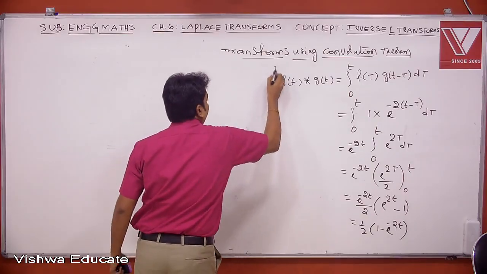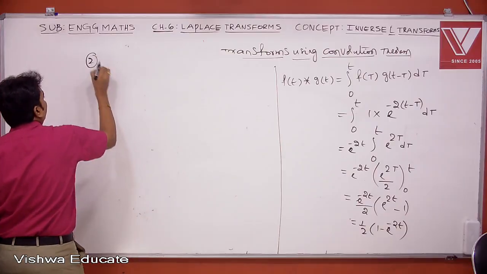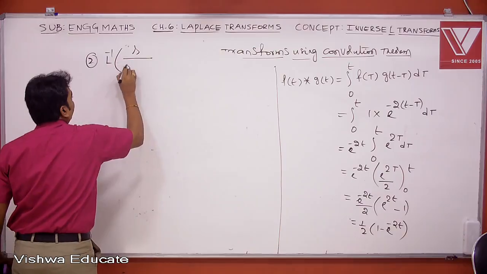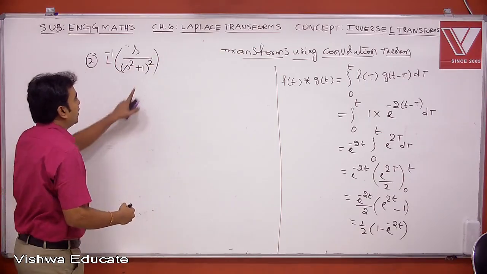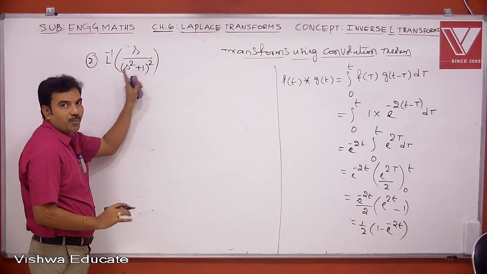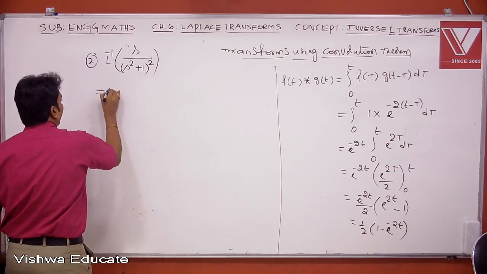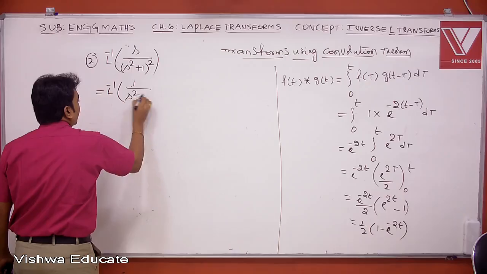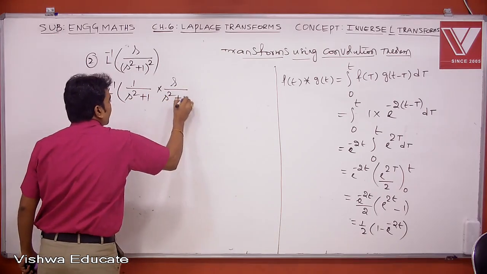Now let us handle one complicated example. Suppose we want L inverse of s by s square plus 1 whole square. For this, partial fraction expansion may not be simple, very complicated. So let us handle this. This is L inverse of 1 by s square plus 1 into s by s square plus 1.